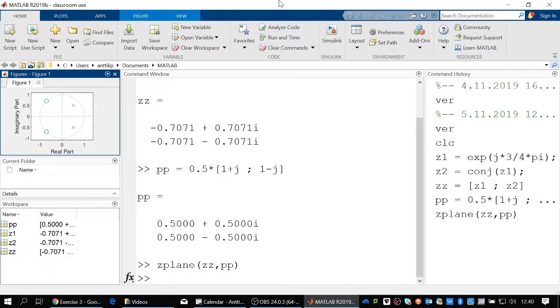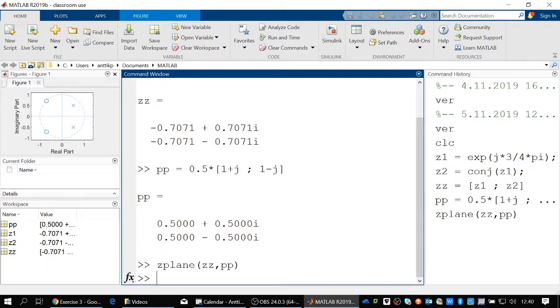Next step, now we have this system. I need the system coefficients derived from the zeros and poles, meaning I need the polynomial coefficients defined by zeros. Those are the system coefficients B. Simply command poly.